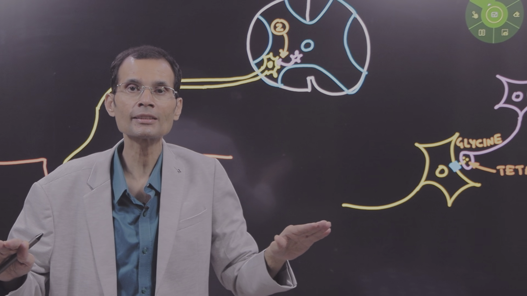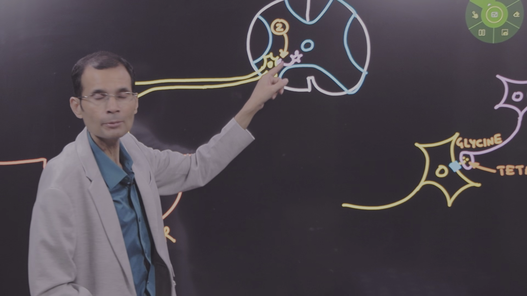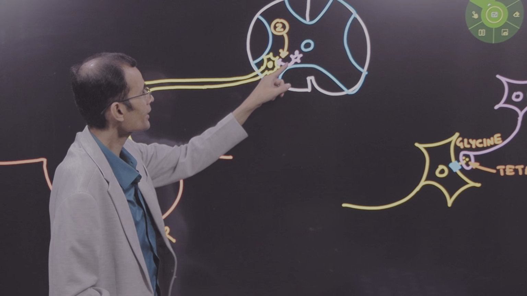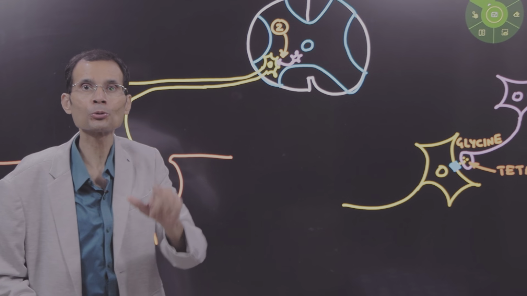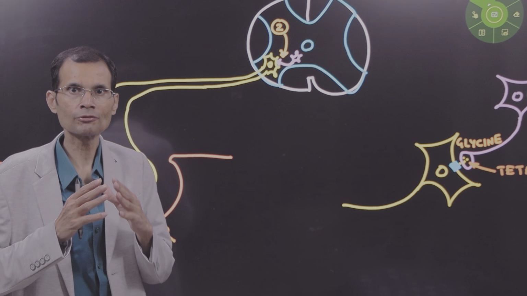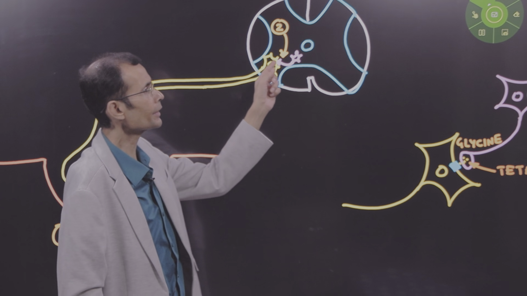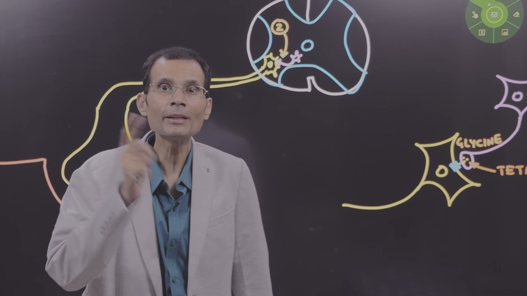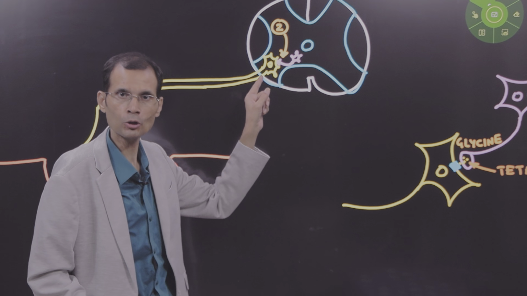It will inhibit the SNARE proteins in this inhibitory interneuron. Which means that it won't be able to release the neurotransmitter glycine. So this is how tetanus toxin works, that it interferes with the release of inhibitory neurotransmitter in the spinal cord.